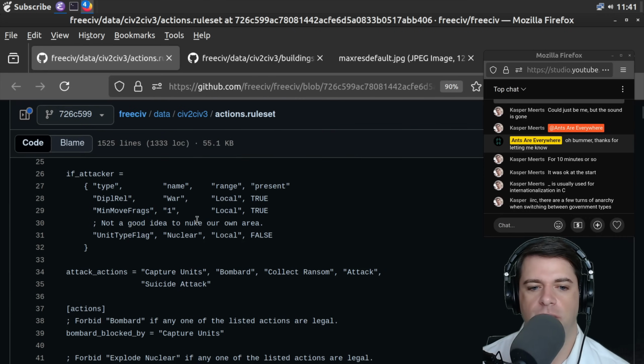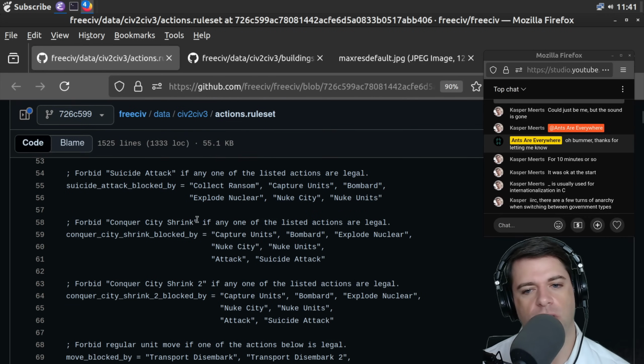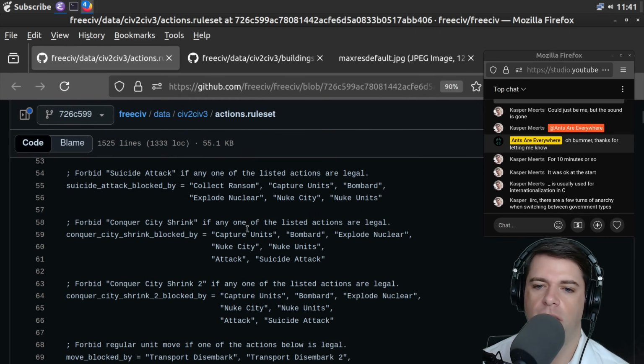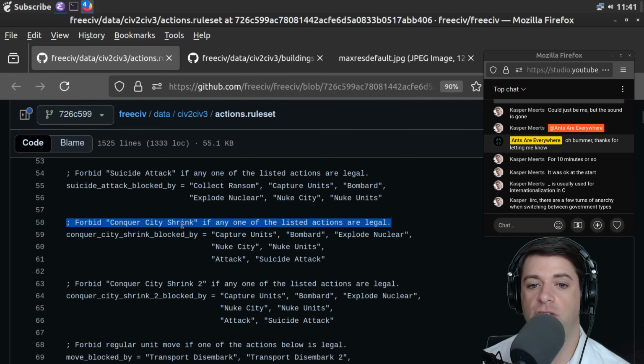And then actions. These are probably the things that you can do in your turn, like move, attack. Here we go. Capture units. These are like military stuff. Conquer city, shrink, blocked by. So you can't conquer a city, I guess. Yeah, here we go. Forbid conquer city shrink. I don't know what shrink means.